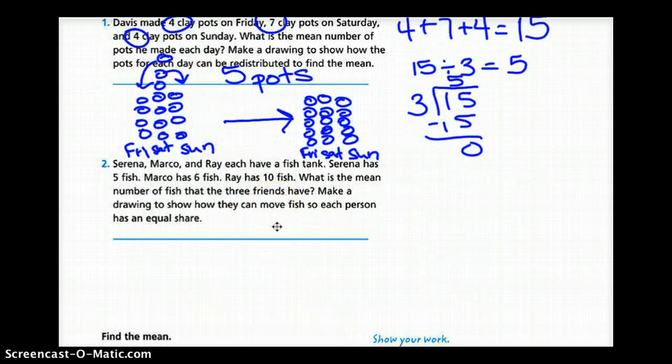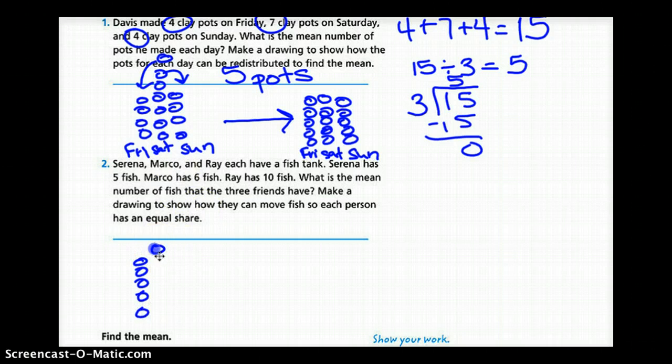Number 2, Serena, Marco, and Ray each have a fish tank. Serena has 5 fish, Marco has 6 fish, and Ray has 10 fish. What is the mean number of fish that the 3 friends have? Make a drawing to show how they can move fish so each person has an equal share. So, Serena has 5. 1, 2, 3, 4, 5.